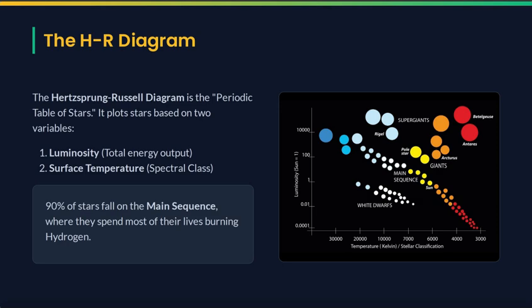And 90% of stars fall on the main sequence, where they spend most of their lives burning hydrogen. You can pause the video now to look at this graph. Just try to understand it yourself. Okay, we can move on now.